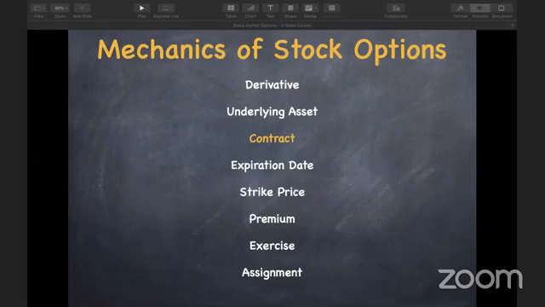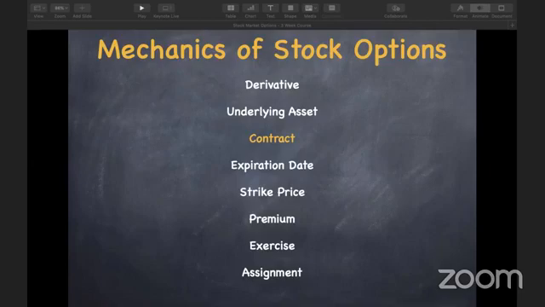Exercise is when the buyer of a contract takes advantage of their right. They execute the terms of the contract to either buy or sell 100 shares of an underlying asset at or before a specific date for a specific price.